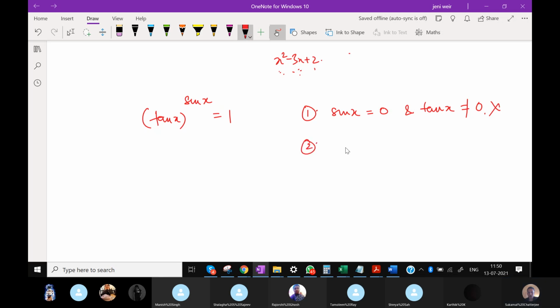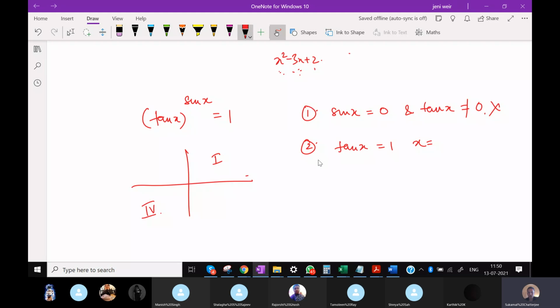Second, tan x equal to 1. So if tan x equal to 1, x will be equal to... tan is positive in the first quadrant and the third quadrant.